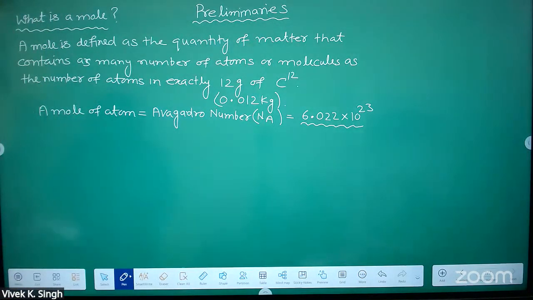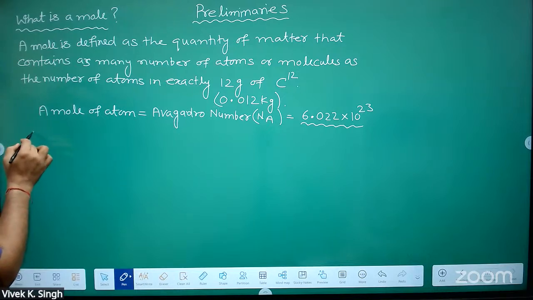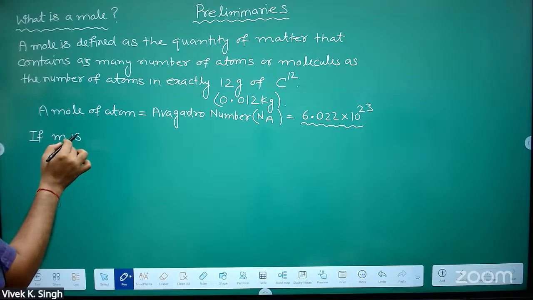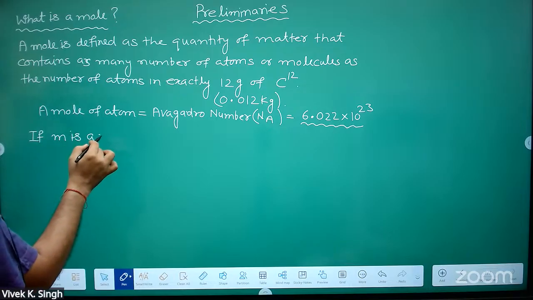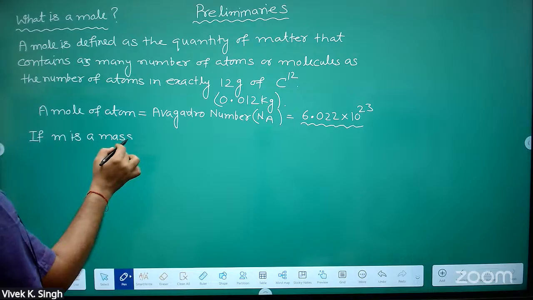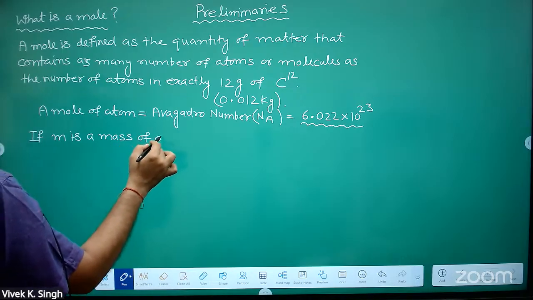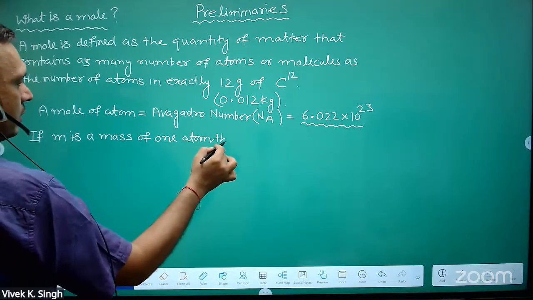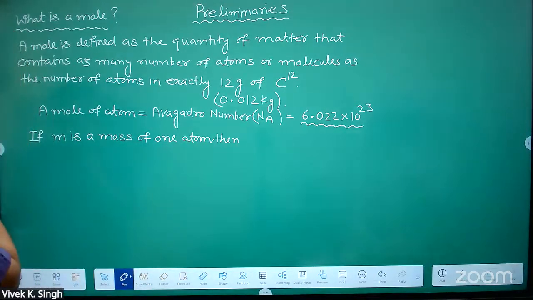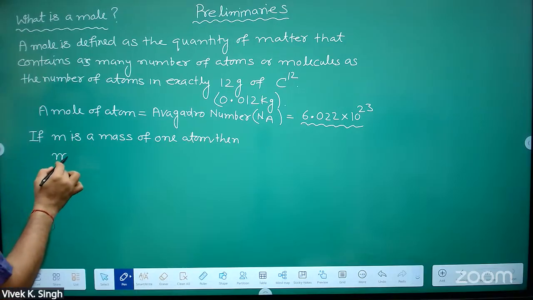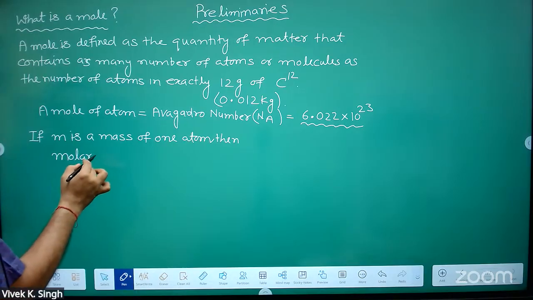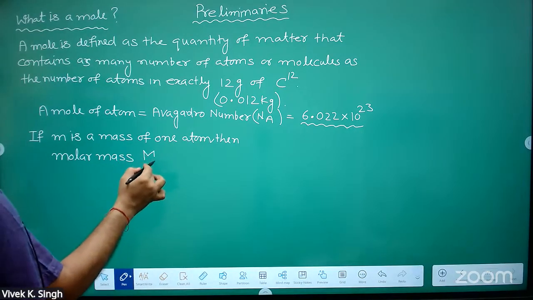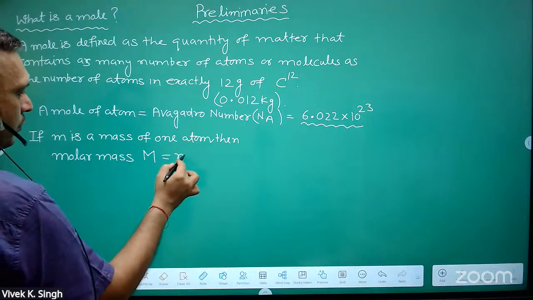So if m is the mass of one atom, then molar mass, let's say capital M, the mass of 1 mole, will be given by m into Na.